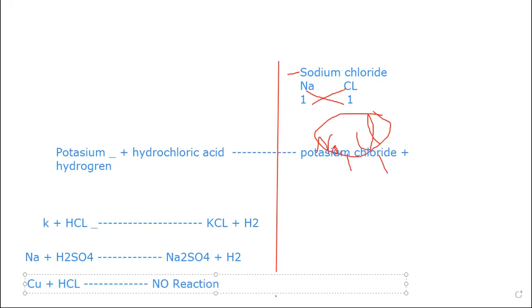So when the examiner asks you to complete the equation, when copper, platinum, gold, all of these three elements, which are located under hydrogen in the chemical reactivity series, react with any acid, the result is no reaction.